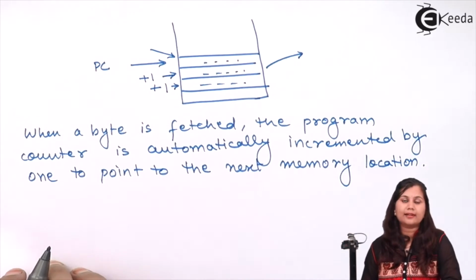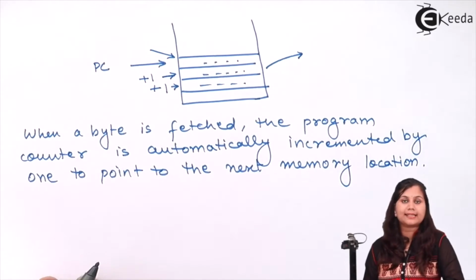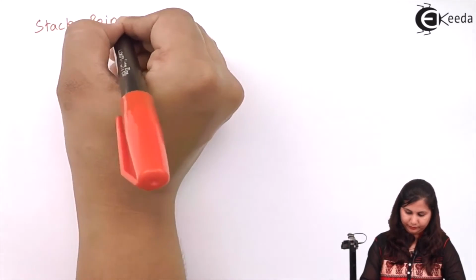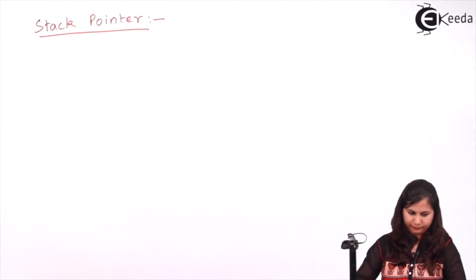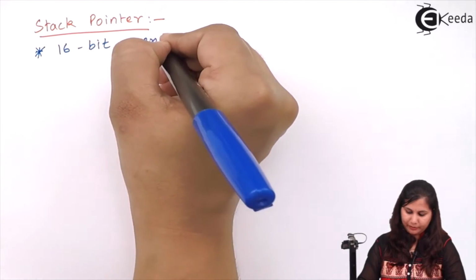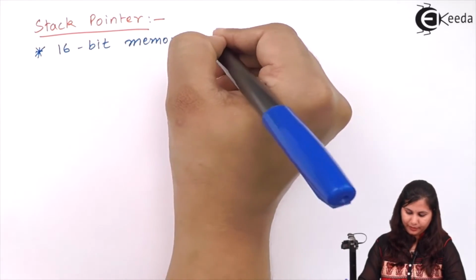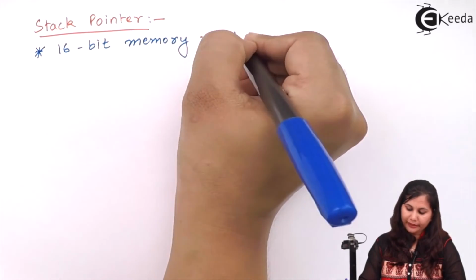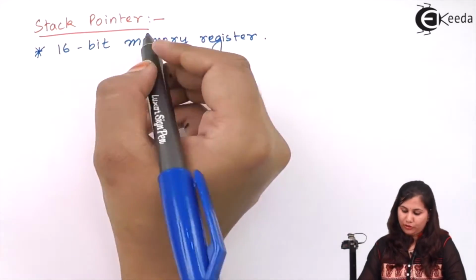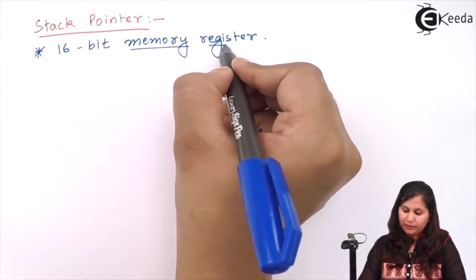The second 16-bit register is the stack pointer. It is a 16-bit memory register. It is also used to hold the address of a memory location, so it is also called a memory register.